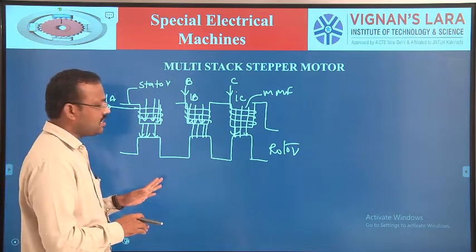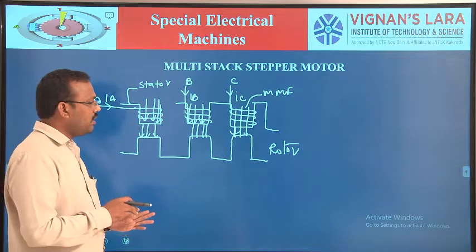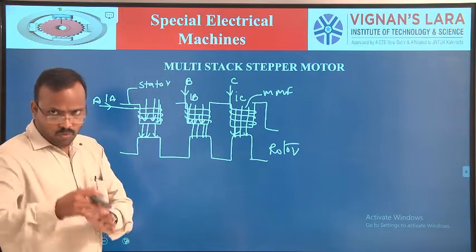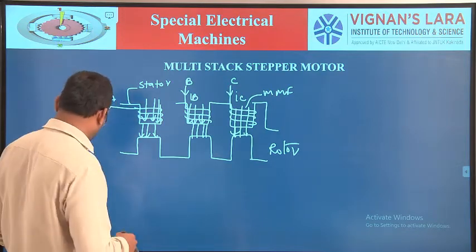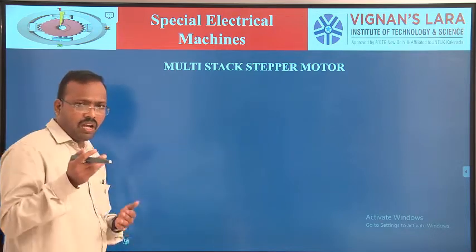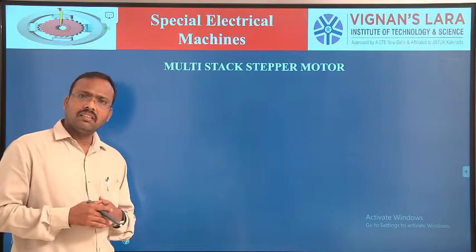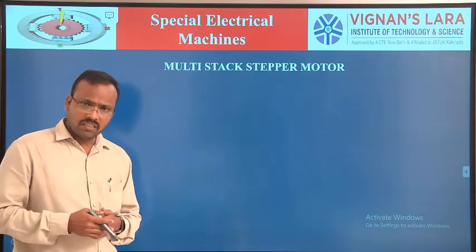Whenever winding is energized, the rotor will move. Okay, how to see? We will see now how to see that operation. So we have three stacks. Each stack having separate rotor sections.